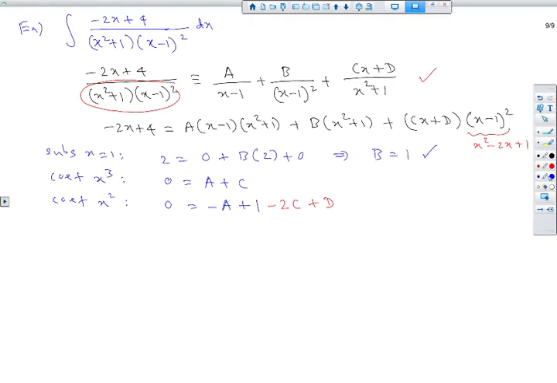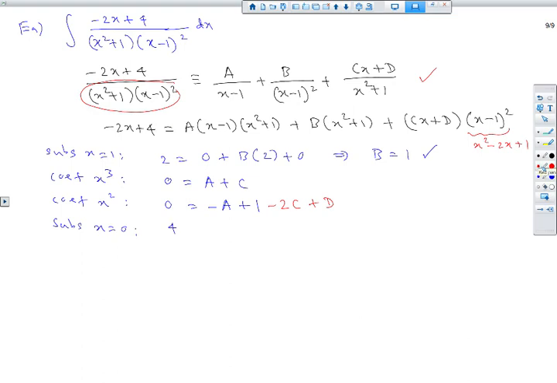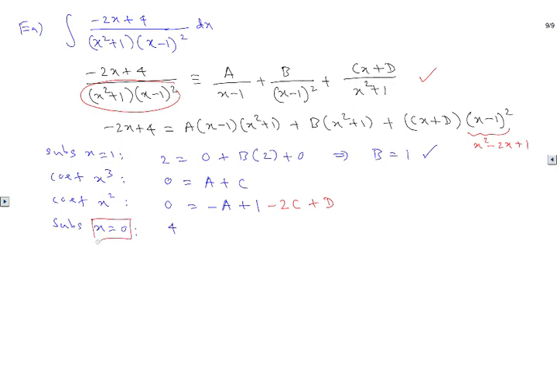What I'm going to do is substitute x equals 0. You can always do that. Substituting x equals 0 means you equate the constant term. So by x equals 0, what are you going to get? This is a special substitution. You can substitute 0.